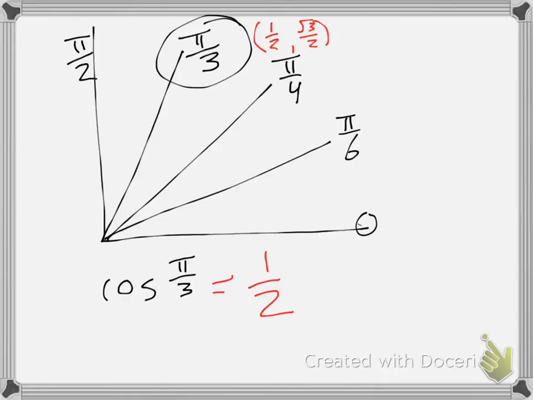Of course, they're not going to just do that. They're going to add a second or a third function with this all in a row. So maybe not only should we worry about our unit circle, let's go to our reference triangles.